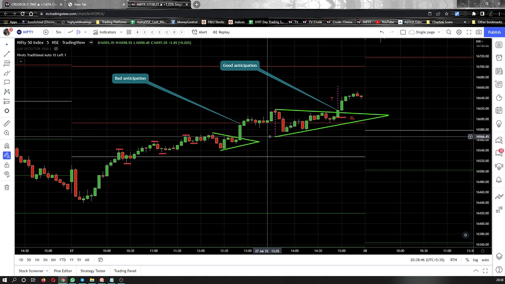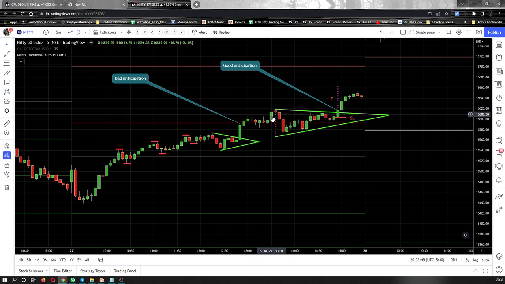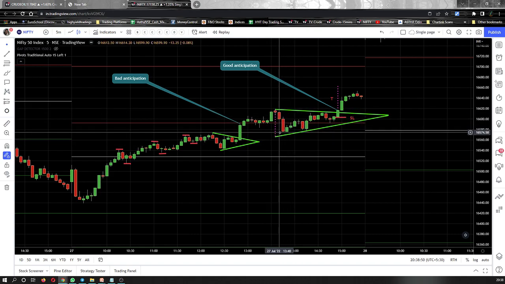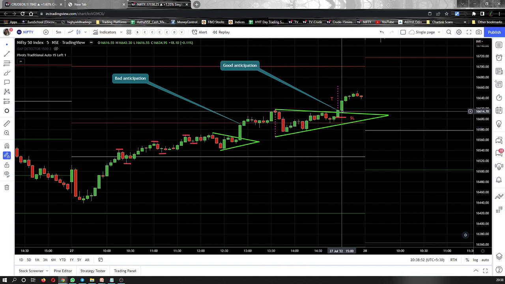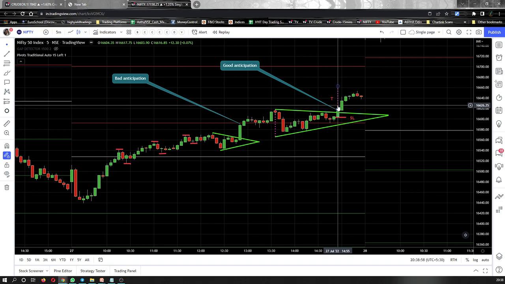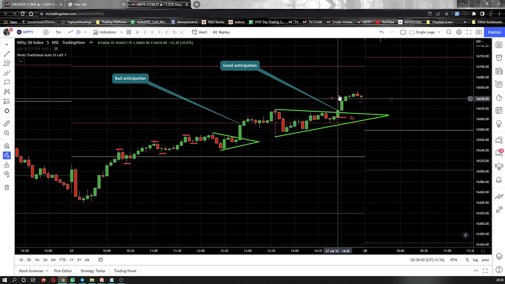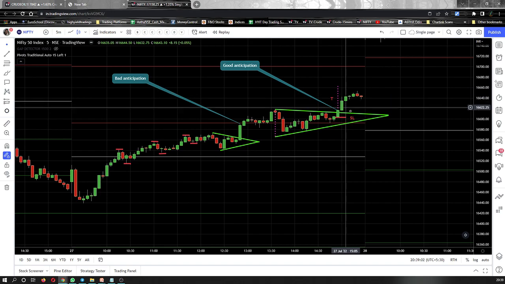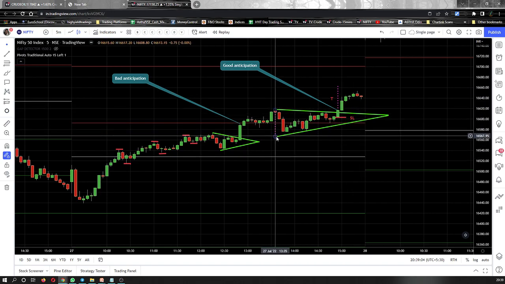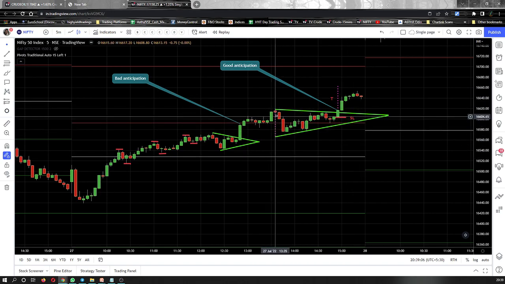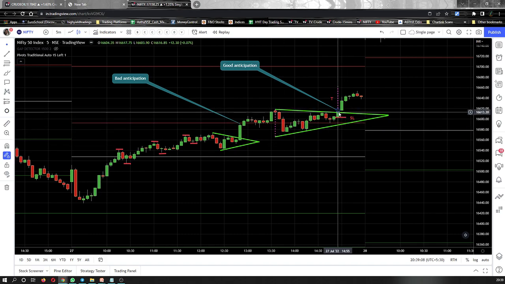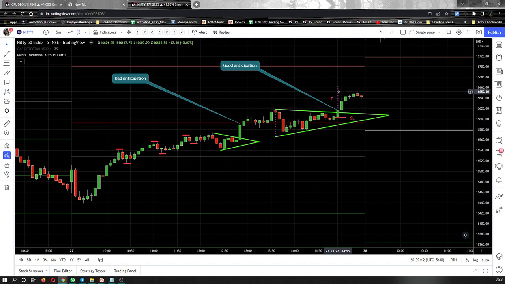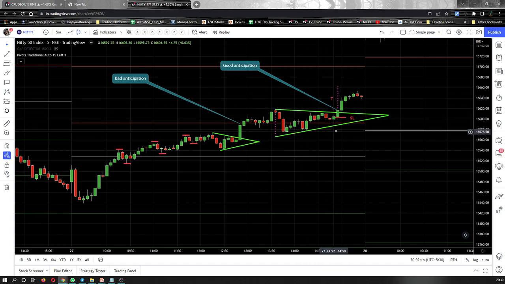Now if the size of the pattern is, let's say, 5 rupees, then after you make your buy entry, you should expect a 5 rupees up move from there. As simple as that. You got it, right? So if the purple line is a 10 rupees line, that is the size of the pattern, you set a target of 10 rupees. If the size of the pattern is 5 rupees, you set a target of 5 rupees. Now here comes the catch.